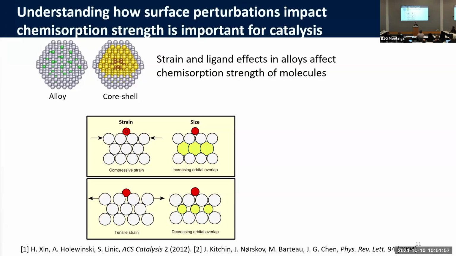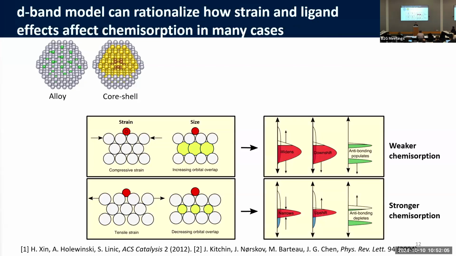If these ligand atoms or dopant atoms have more orbital overlap or less orbital overlap with the surface atoms, that will change the adsorption strength. Traditionally, if you have compressive strain or more orbital overlap between the subsurface atoms and the surface atoms, that's going to make the surface feel more coordinated, so it's going to want to bind things weaker if it's covalently adsorbed.